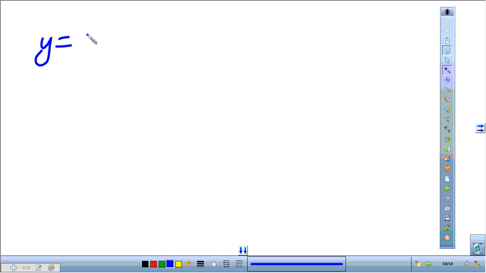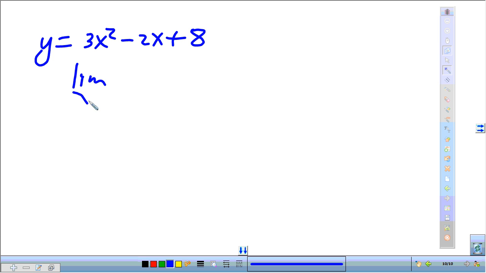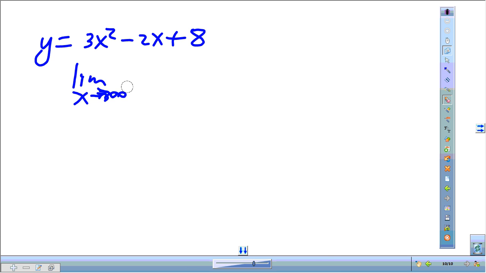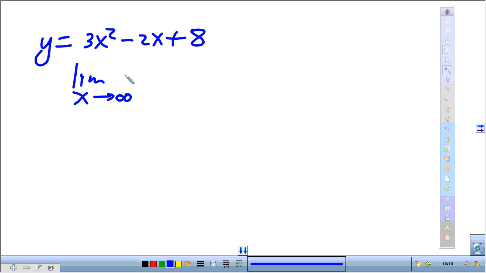But for other things, like 3x squared minus 2x plus 8, the limit as x approaches infinity is the limit of the leading term, which would go to infinity.